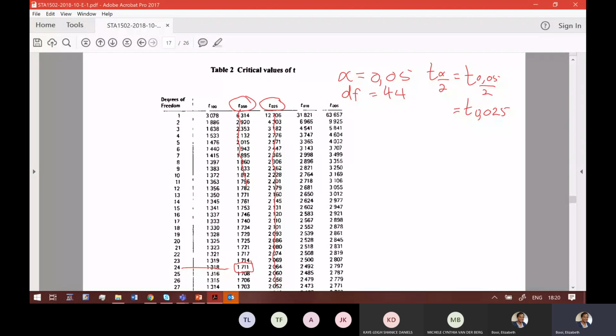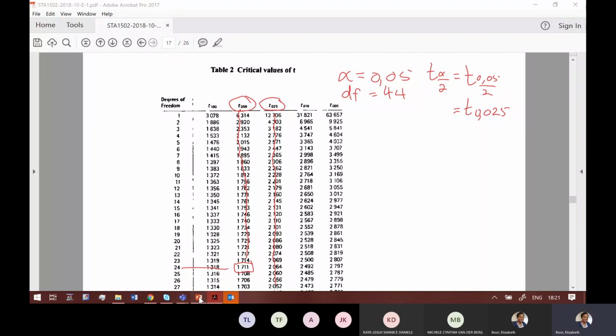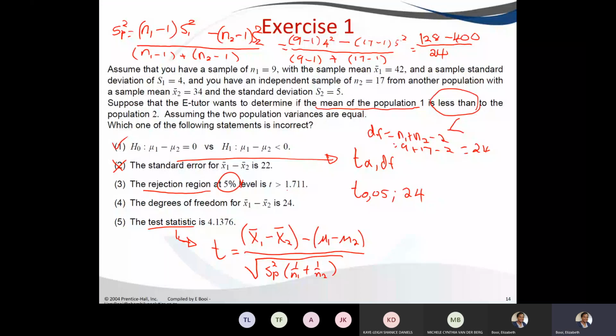And the degrees of freedom is 24. So our critical value becomes 1.711. So if we go back, our critical value or region of rejection is correct. Then the degrees of freedom, we did calculate it and we found that that was correct.